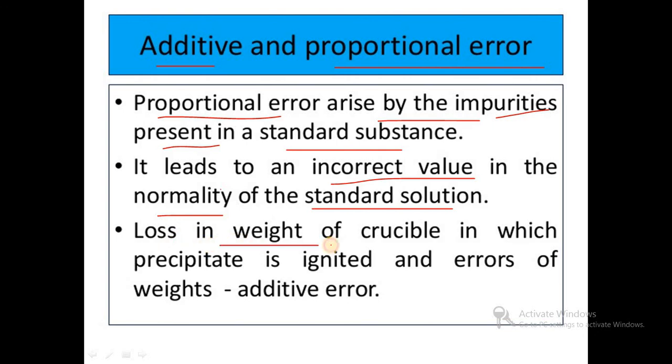So loss in weight of the crucible in which the precipitate is ignited, and errors of weights, are additive errors. Another example, wet loss in the crucible takes place when we carry out the ignition, and such errors are called additive errors. Such experiments are gravimetric analysis.